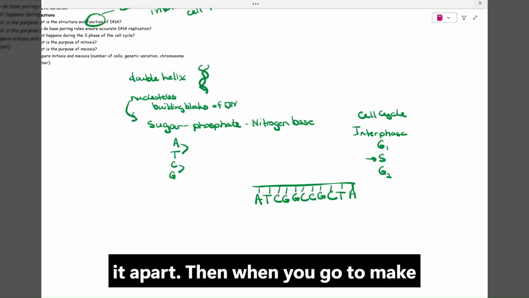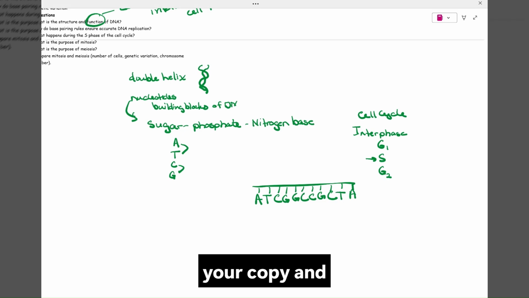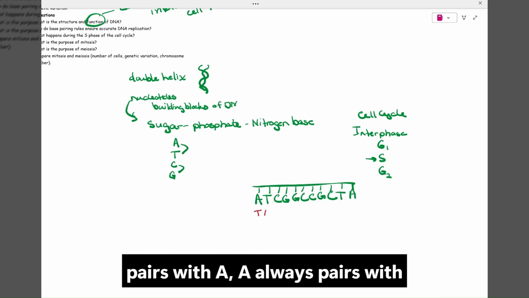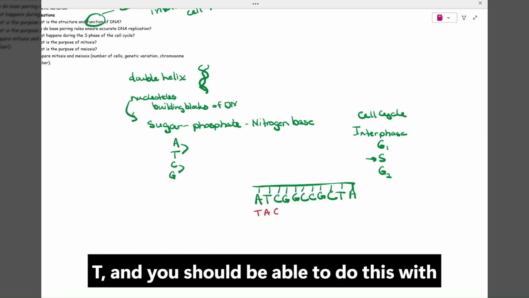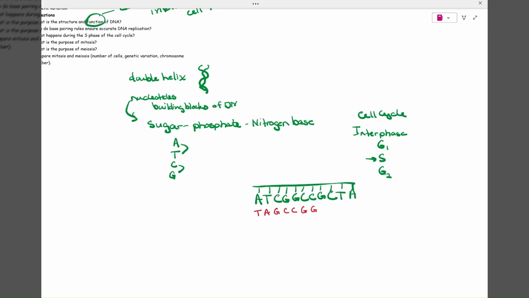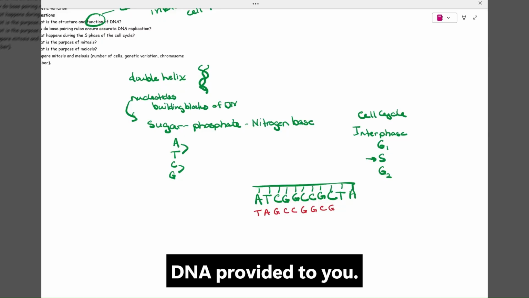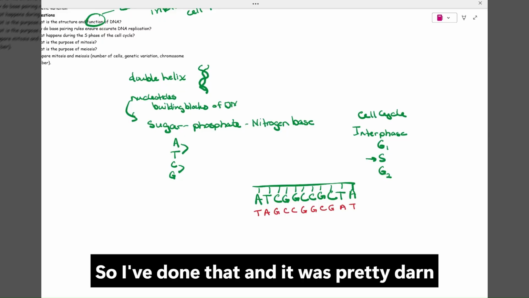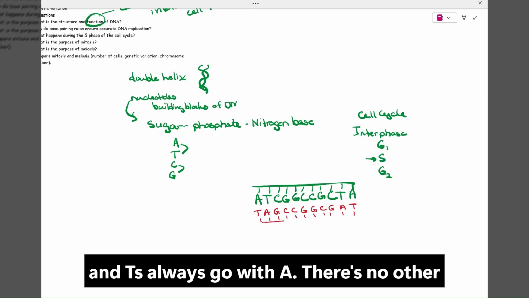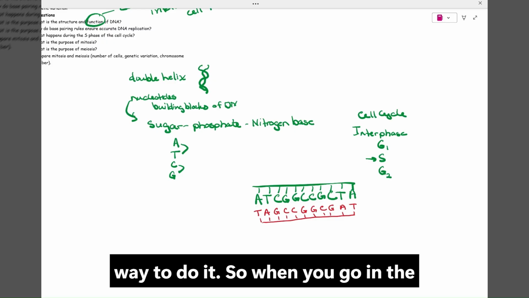Then when you go to make your copy, you follow the base pair rule: T always pairs with A, A always pairs with T, and you should be able to do this with a strand of DNA provided to you. So I've done that, and it was pretty simple to do because C's always go with G's and T's always go with A's. There's no other way to do it.